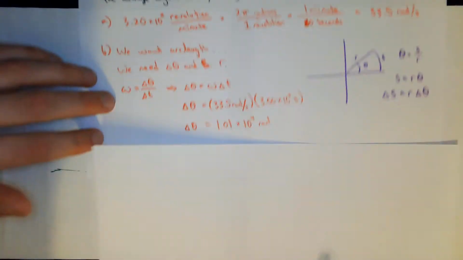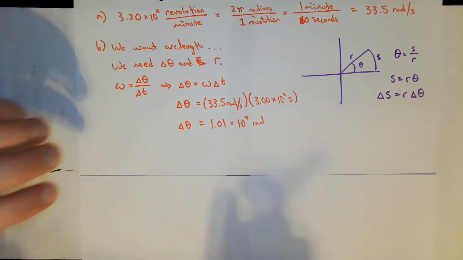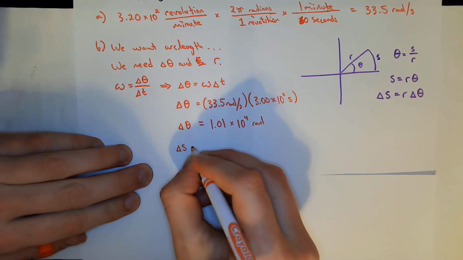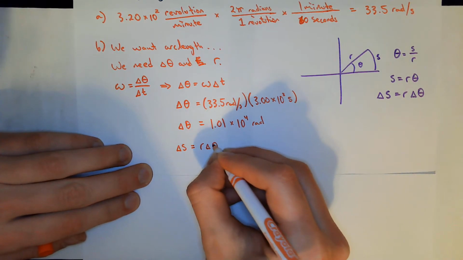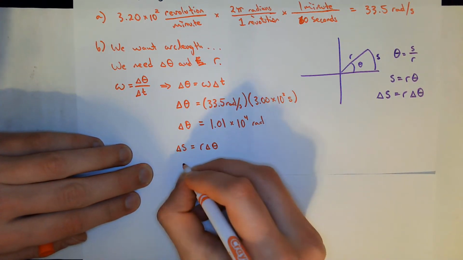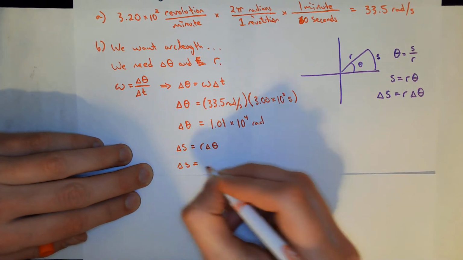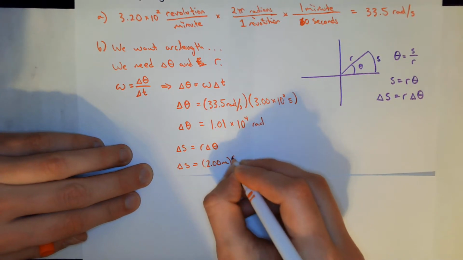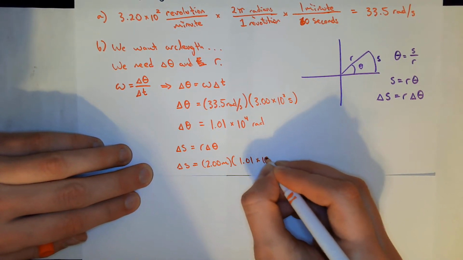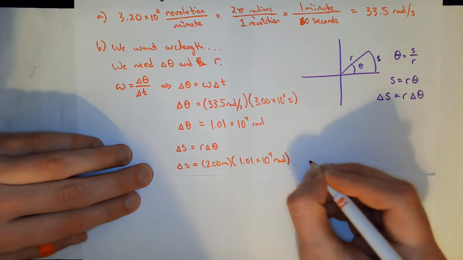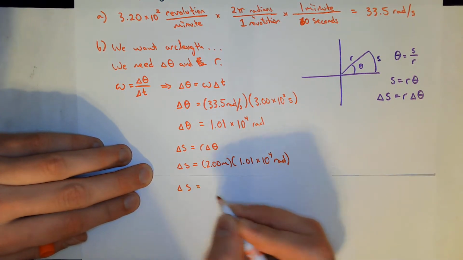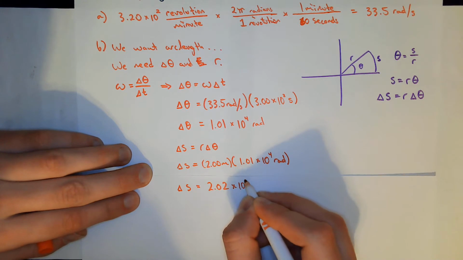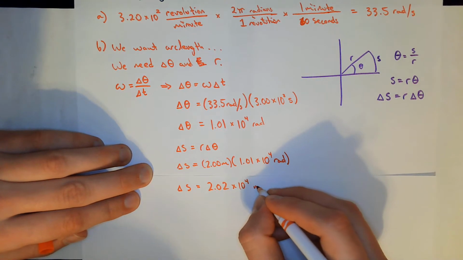Okay, so we're still not done with this problem, but we're almost there now because we have delta theta. We want this arc length, delta s, is equal to r times delta theta, and that is giving us, from the given radius that was 2.00 meters, and delta theta, which we just found, 2.02 times 10 to the 4th meters.